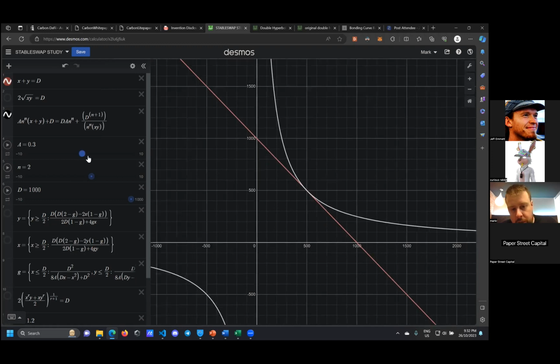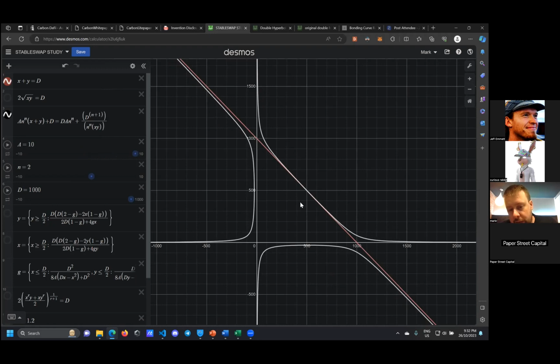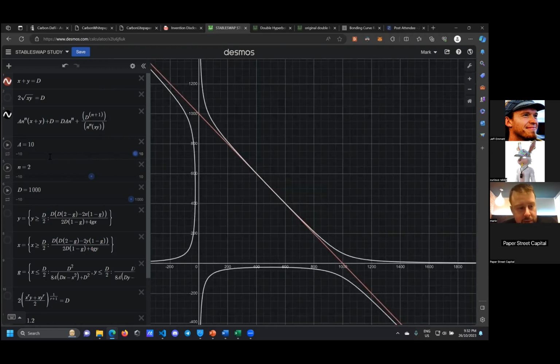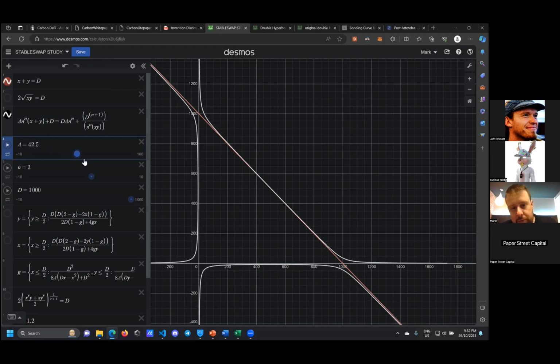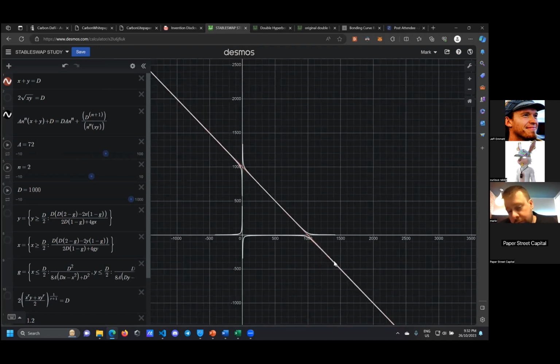And as we squash this thing down, you can see it really is getting closer and closer to this line. And if I set A to a higher value, maybe up at 100, you can see that as I drive it farther and farther to the edge, it actually does start to look more and more like a straight line in the middle.